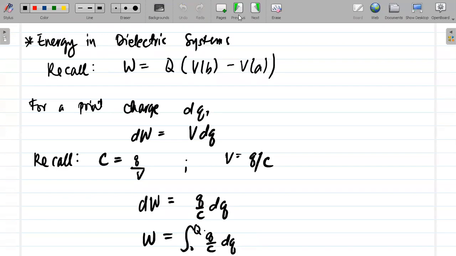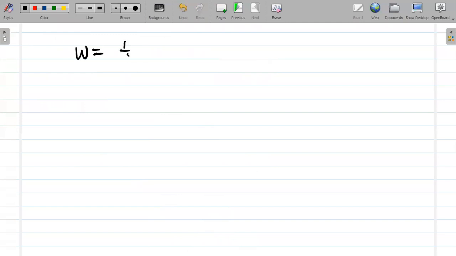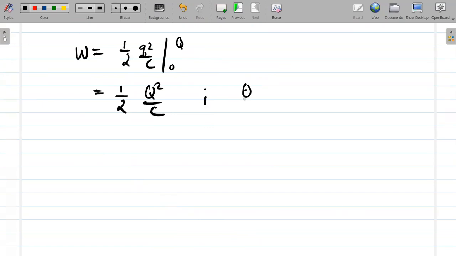So we get W equals 1/2 Q squared over C, evaluated from 0 to Q. So this is 1/2 Q squared over C. But take note of the definition of capacitance, Q over V, or Q equals CV.